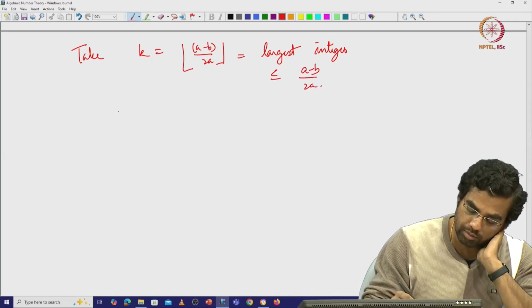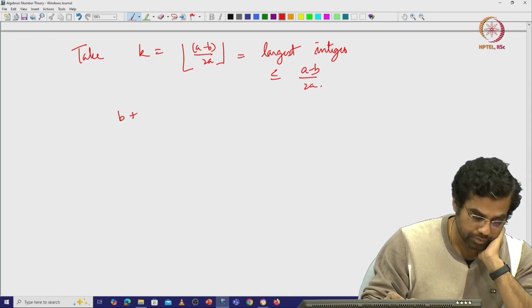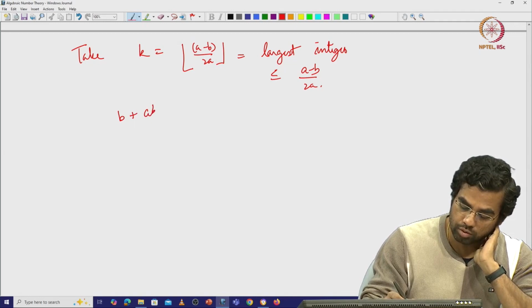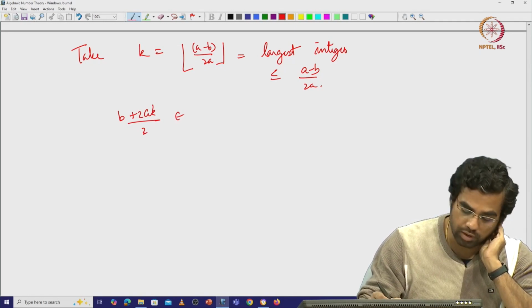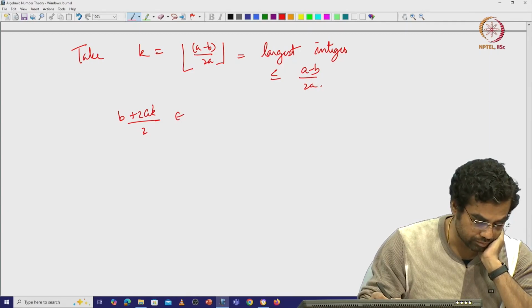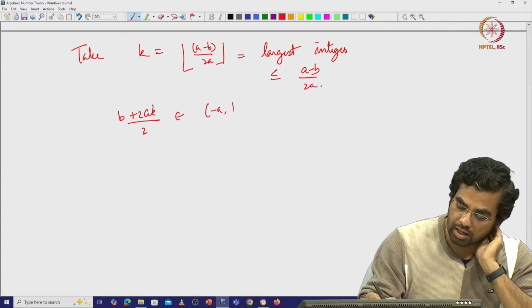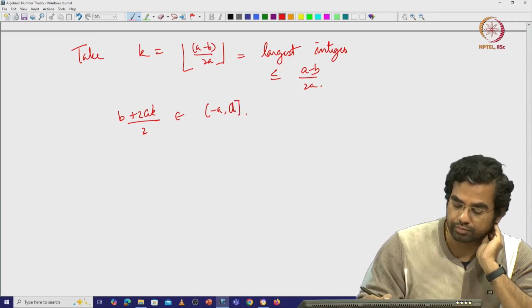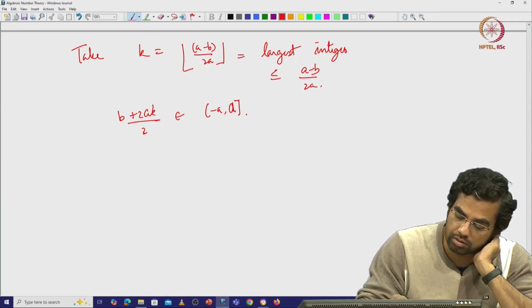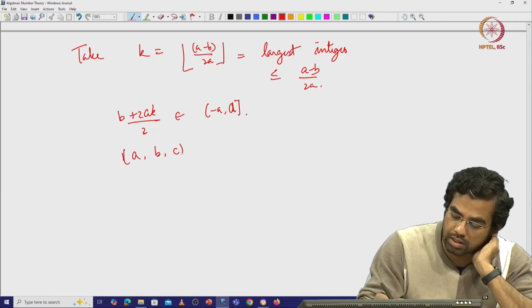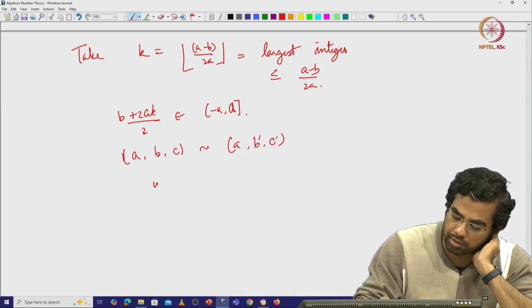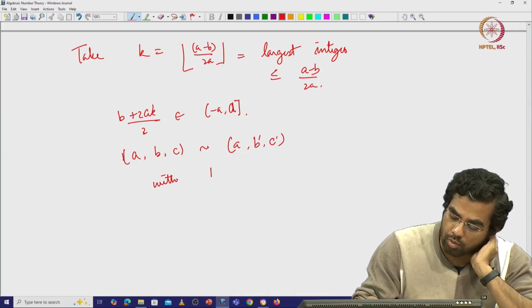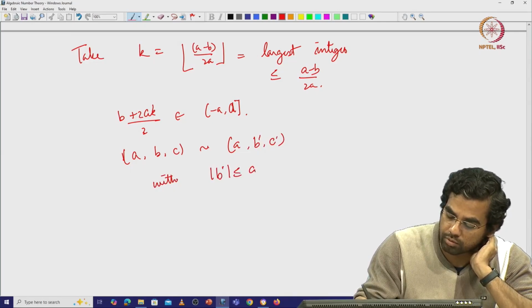We get that b plus 2ak is between minus a and a. Okay. So, what we have got is a b c is equivalent to a b prime c prime with mod of b prime less than or equal to a.